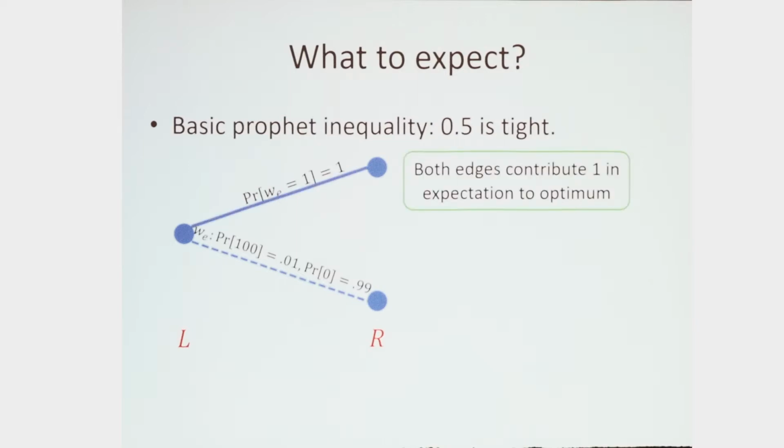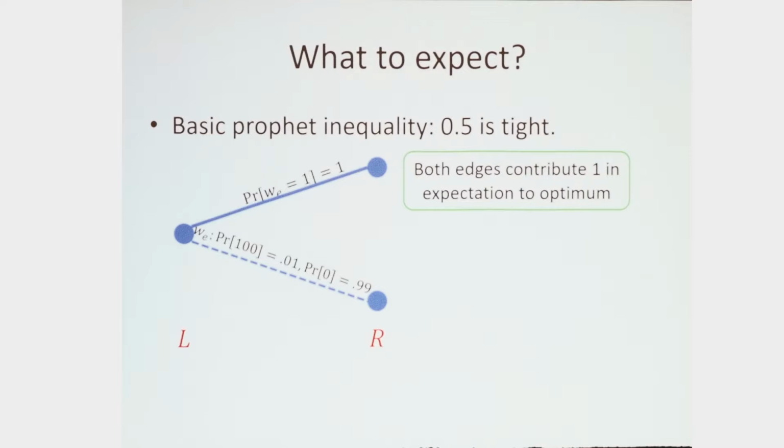If we consider the optimum, the performance of the profit, it's actually 2 because we effectively get 1 from every edge. The low probability, high reward edge really takes only 1% of the time, and then we get an expectation of 1 from it in the optimum. And in the remaining 99% of cases, we get a guaranteed 1.